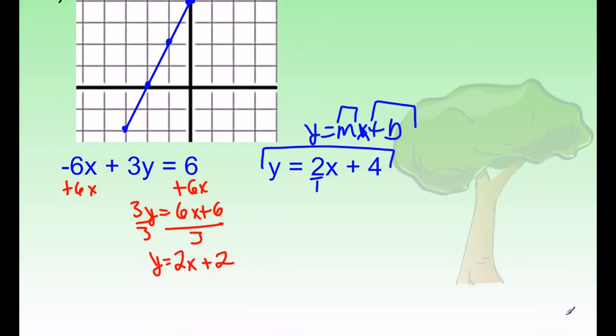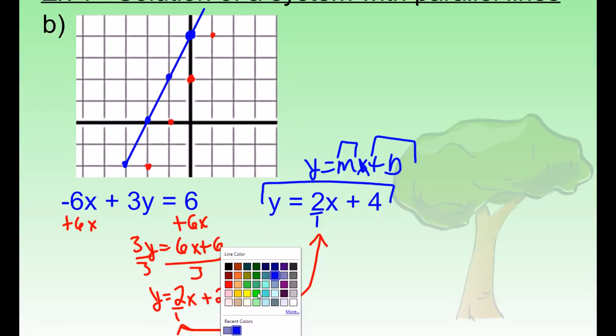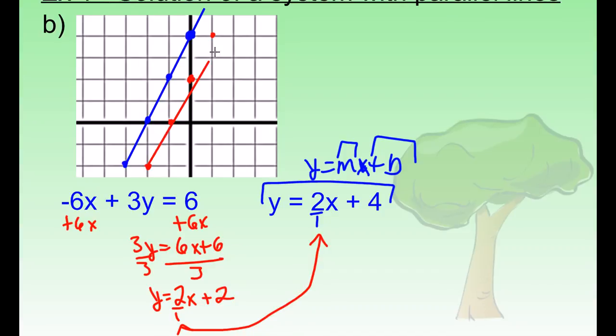All right, and this slope as a fraction is 2 over 1, which looks familiar. Hint, hint, they have the same slope. So the intercept here is 2: 1, 2. The slope is up 2 over 1, and down 2 over 1. If I take out a nice, pretty red line, we see that they are indeed parallel.